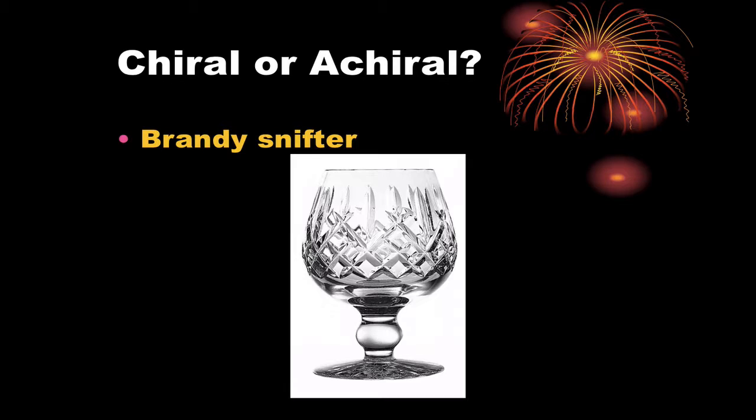It turns out that the brandy snifter, you're pretty close, there is a mirror plane that runs through it. If I imagine a mirror plane running through here, the left side and the right side are related by mirror symmetry. And so this mirror symmetry actually makes this an achiral object. We'll talk a little bit more about that in a minute.